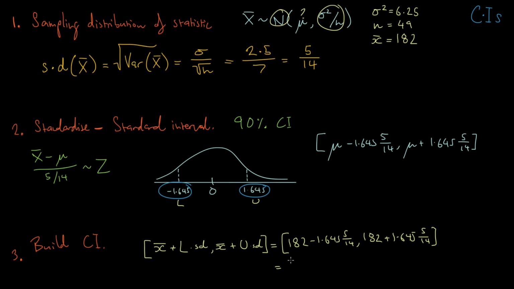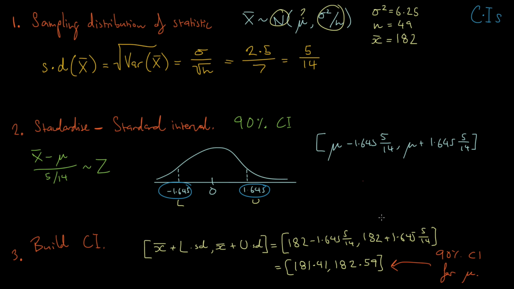And we can solve for these values, and they're going to be 181.41 up to 182.59. Okay, and so this is our 90% confidence interval for not the sampling mean, but the population mean, our population parameter.